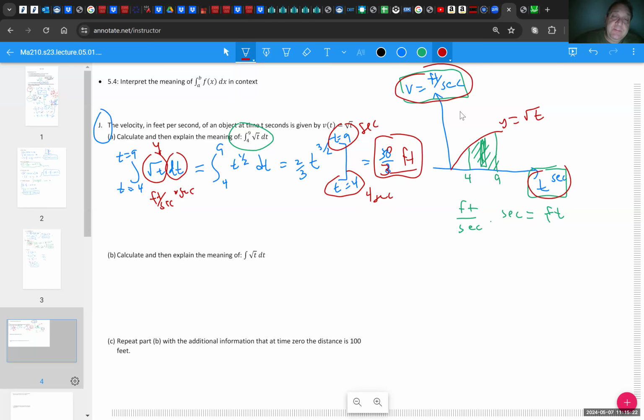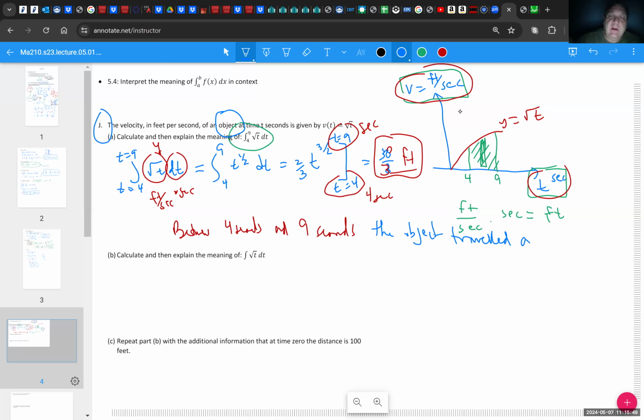So we would say between 4 seconds and 9 seconds, what happened between these times? Well, this object traveled, and this is the distance because the feet per second is the velocity.